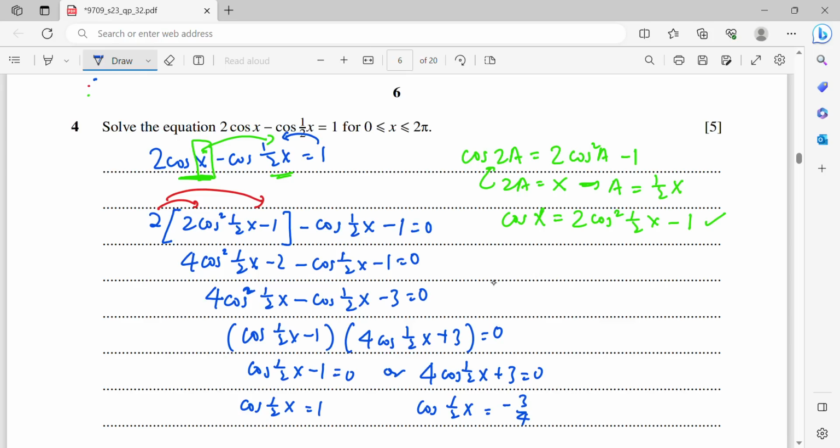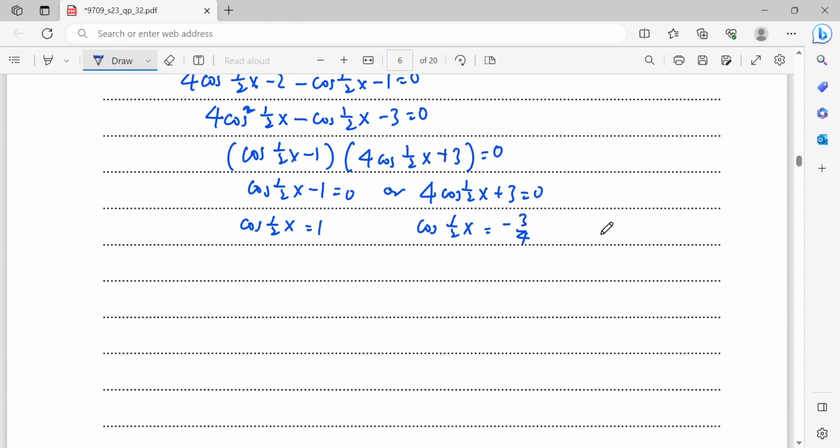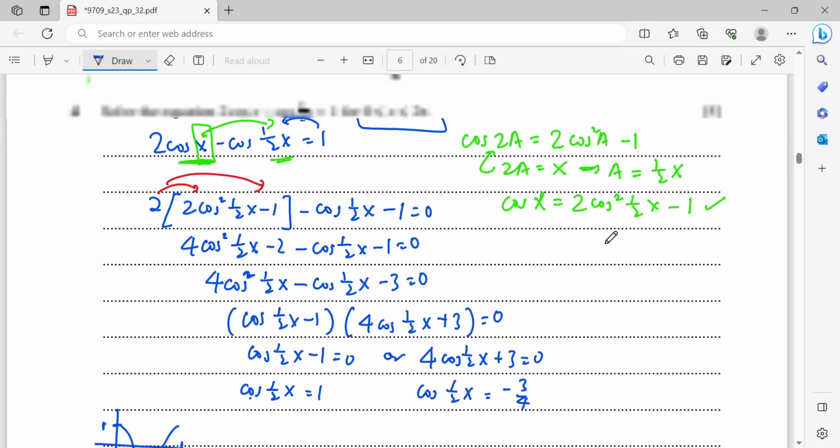Okay, now by looking at the domain here, the x defined from 0 to 2 pi, which means now I need to consider all 4 quadrants. But whenever the cos is 1, I will refer to the cos graph. This is my cos graph. So it will be 1 at 0 and also 2 pi. Now, you have to get the new interval.